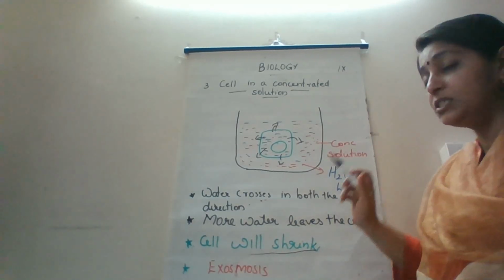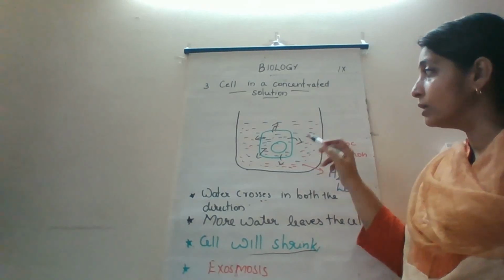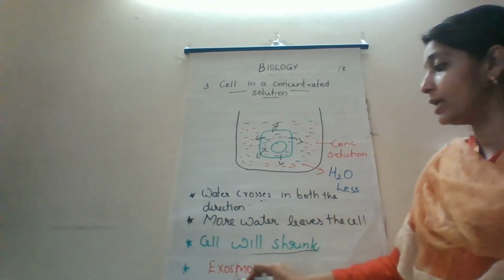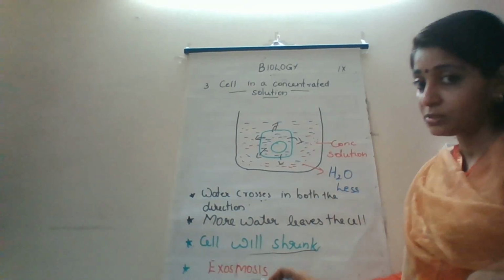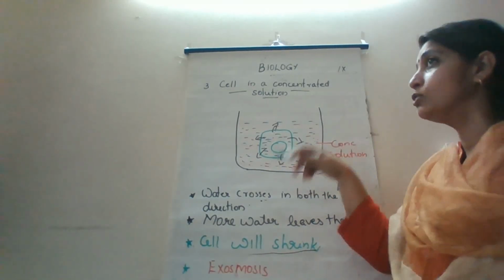The cell will shrink. And such type of osmosis where water moves from inside to outside, we call it exosmosis. Exosmosis is the osmosis in which the water molecules move from inside the cell to outside.